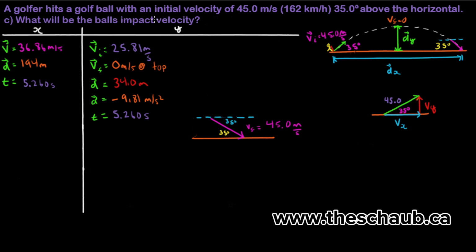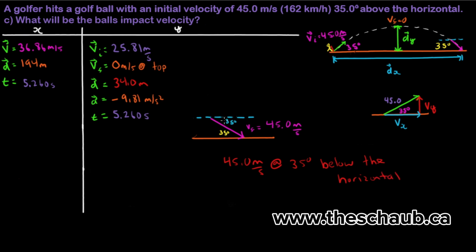So what will be the ball's impact velocity? It'll be 45.0 meters per second at 35 degrees below the horizontal.